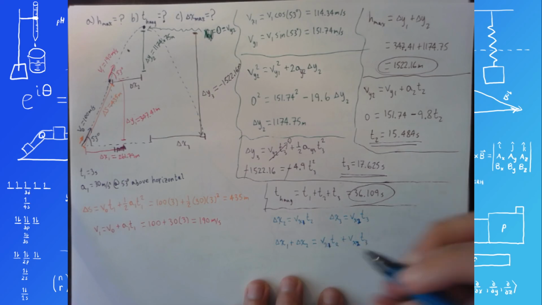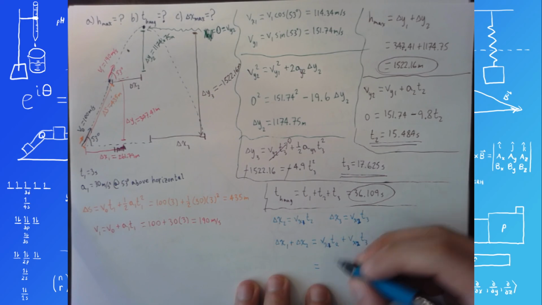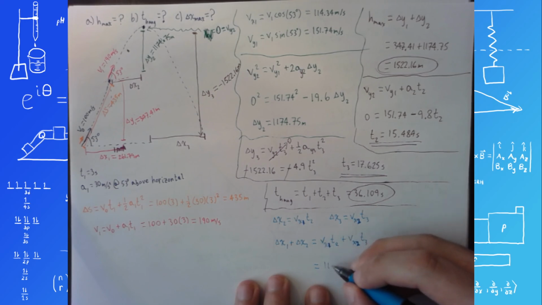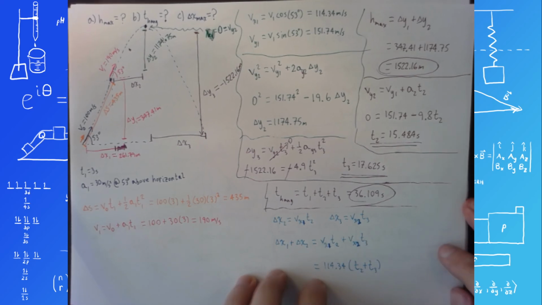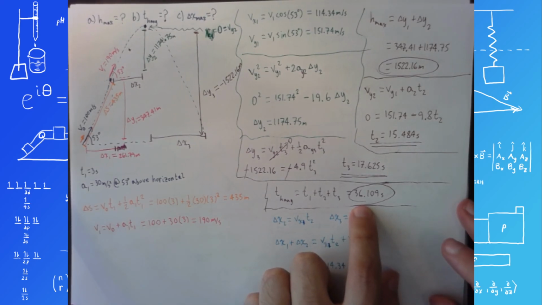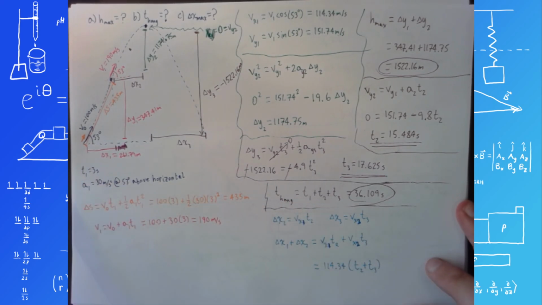So I can factor this out and say that this is just equal to 114.34 times T2 plus T3. And because we calculated the total time earlier, I can just take 36.109 and subtract T1, which was 3 seconds.